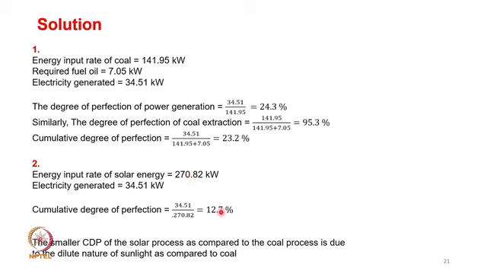What you can see here is that the cumulative degree of perfection is low, as anticipated. This is because the solar process is highly dependent upon the dilute nature of sunlight and seasonality, compared to coal, which is a definite energy resource.